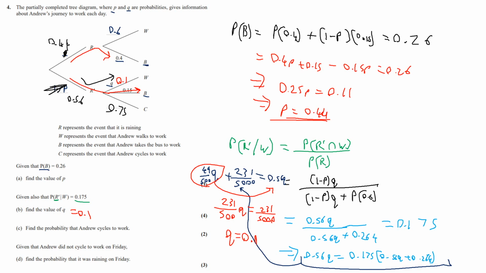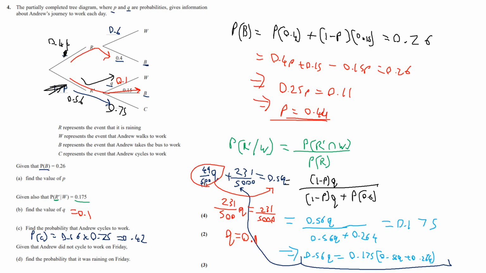Now we can find the probability that Andrew cycles to work. The only way that Andrew cycles to work is if we go through this route. So the probability of cycling is going to be 0.56 times 0.75, which is equal to 0.42.